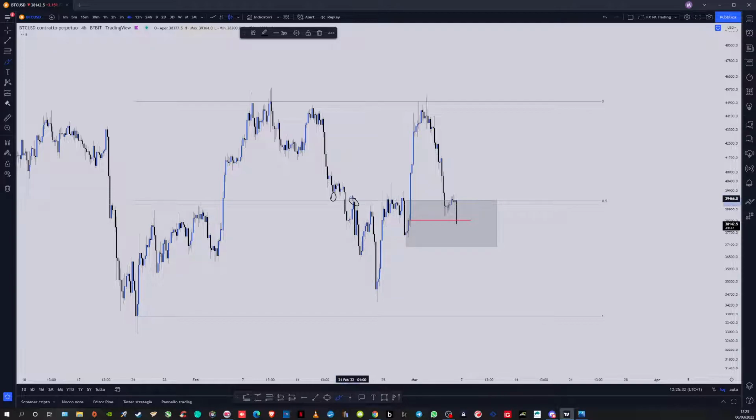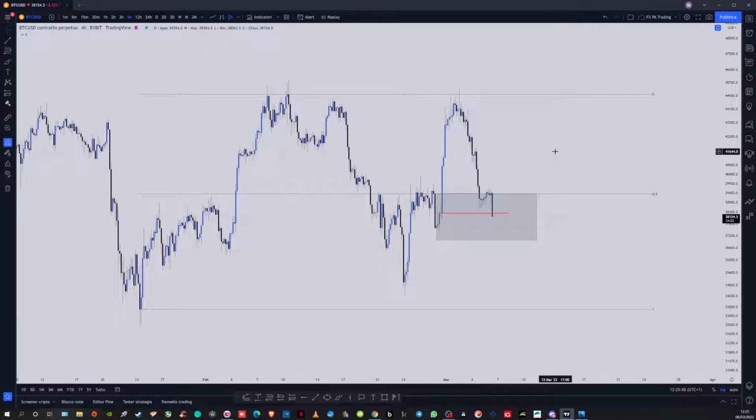You could try to go short in here, maybe placing a stop about this level, targeting these lows right in here. That could be another idea for range trading. But quite honestly, I do prefer to trade the range when price actually approaches extremes. Not only because it's much easier to manage risk, but you're actually increasing your risk reward as well.